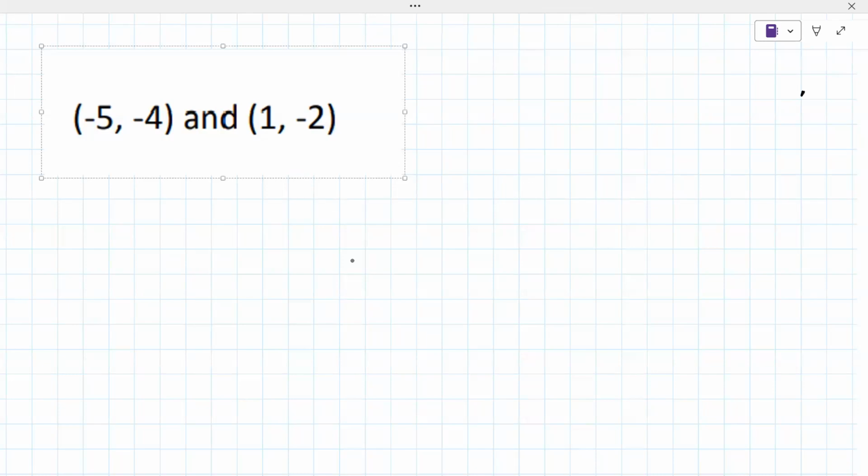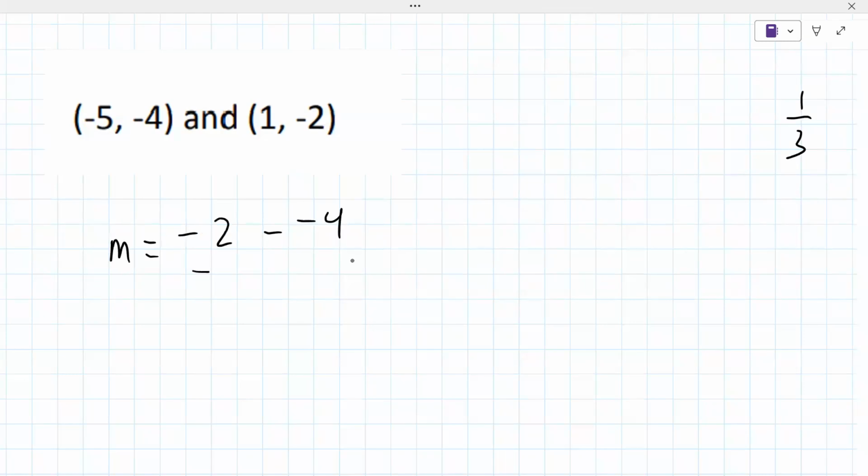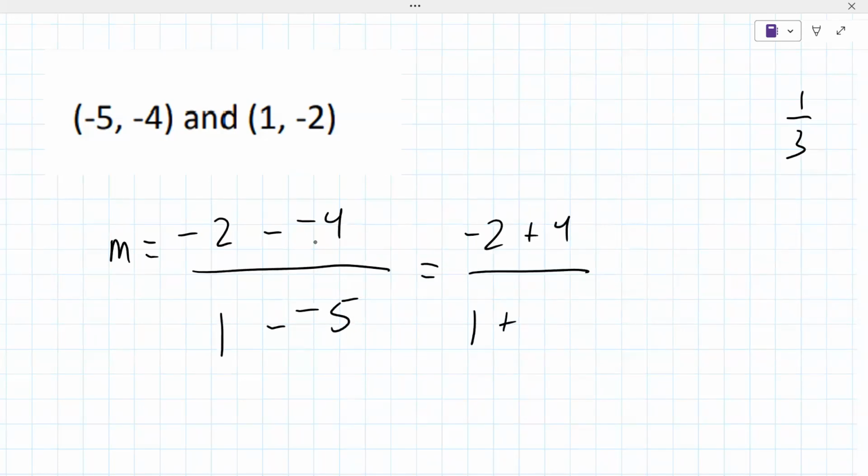All right, 1/3. Let's take a look here. So we've got -2 minus a -4 over 1 minus a -5. Does that look kind of like what you've got down on your paper? The double negatives become positive. And you are correct. It is 1/3. Very good. Okay. Any questions or thoughts on that? I don't think so. Okay, great job on that.